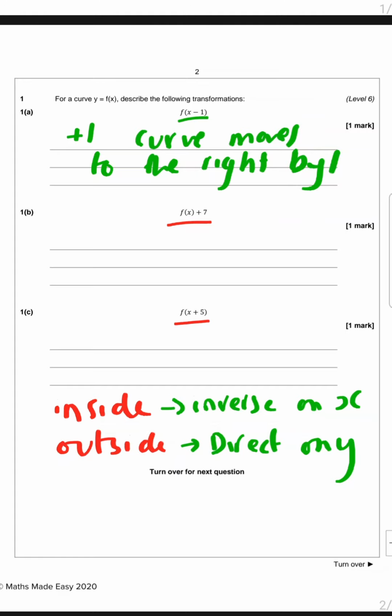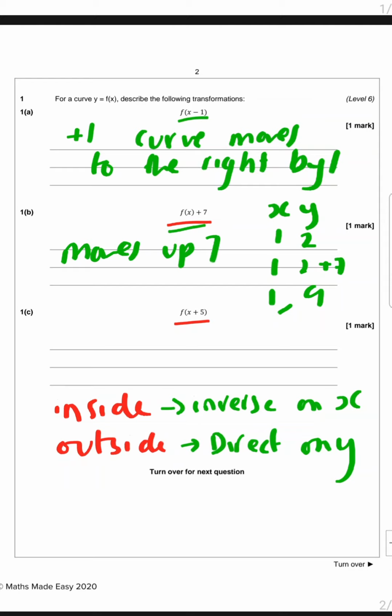Then this is on the outside, so it's direct on y. If this was your coordinate x, y, and it was 1, 2, it's impacting the y directly, so it'll be 1 and then 2 plus 7, which is 1, 9. So your point would have traveled up 7 places. So it moves up 7.